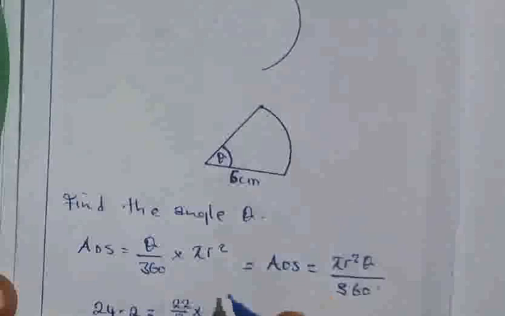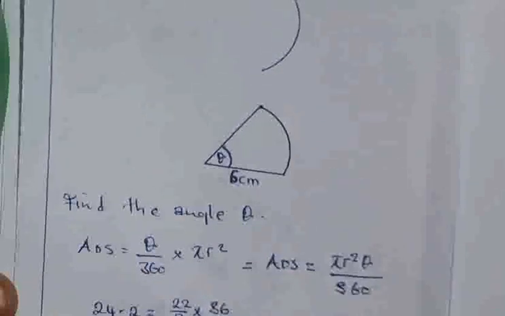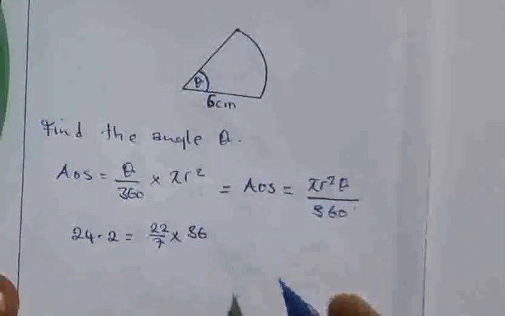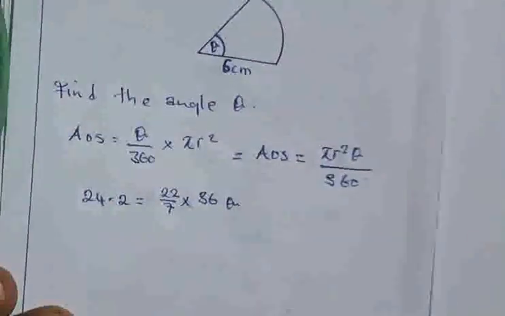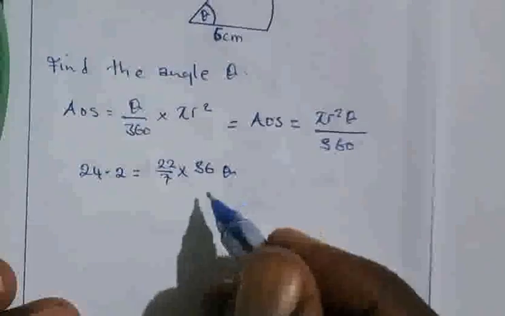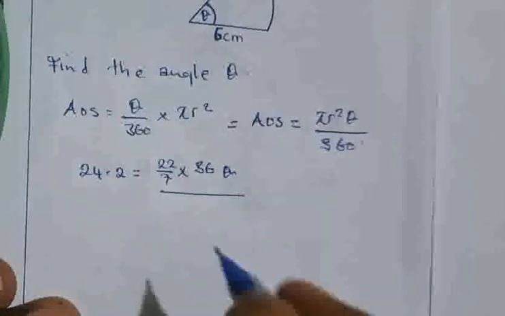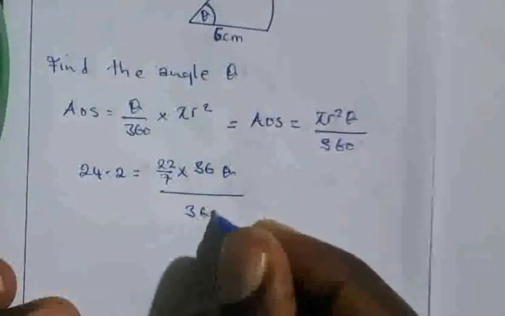R squared, so it's going to be 36. Then what is theta? Theta, I don't know. That's the one we are finding. The whole of this over 360.